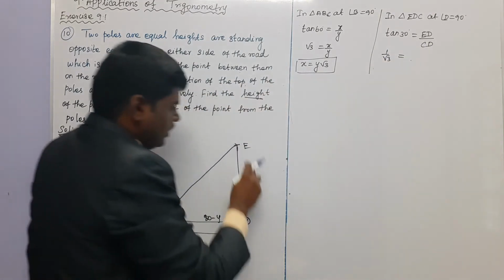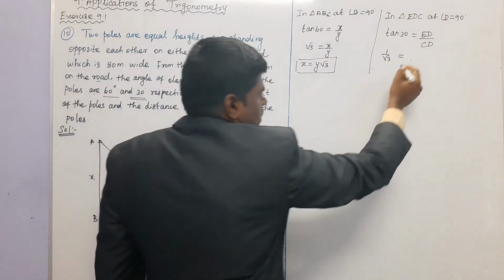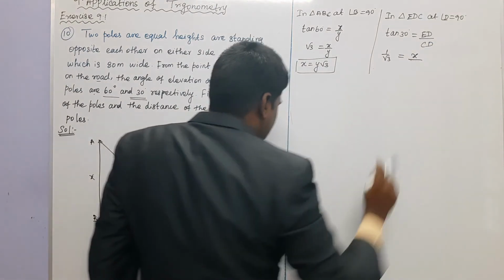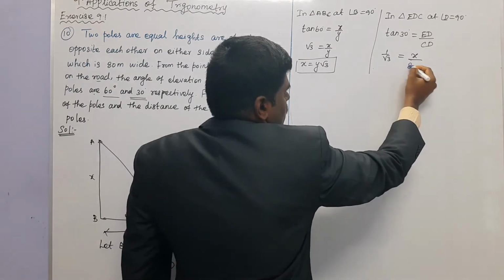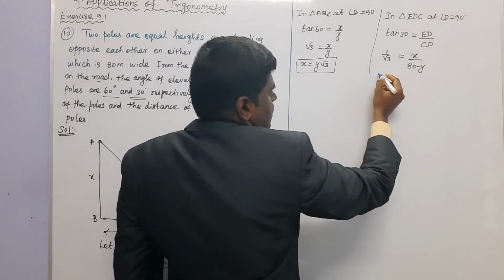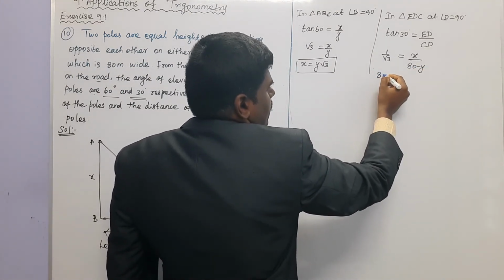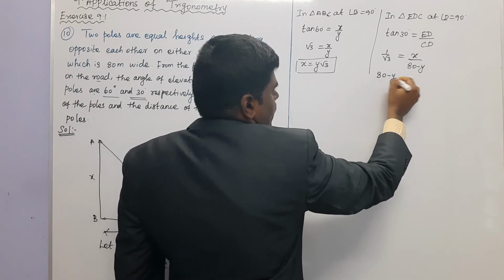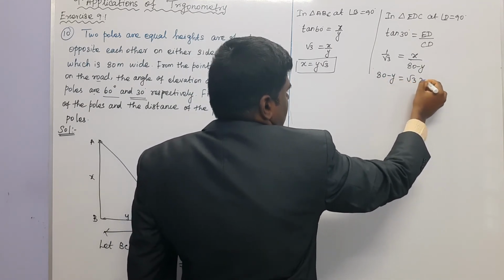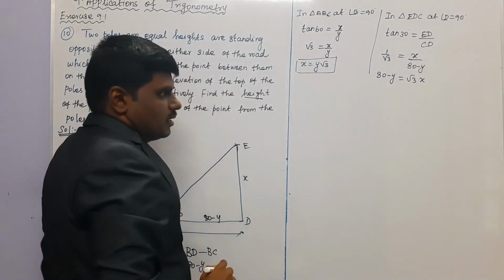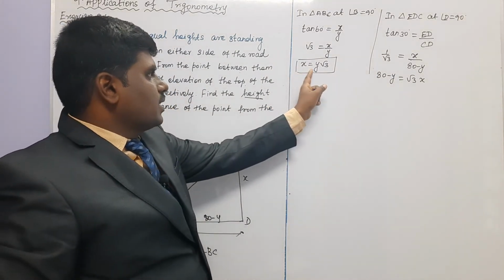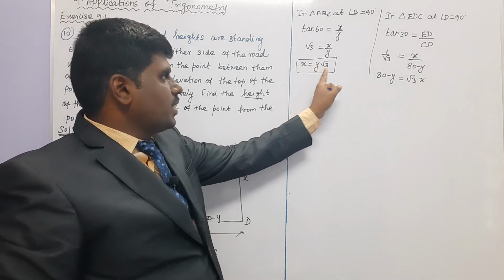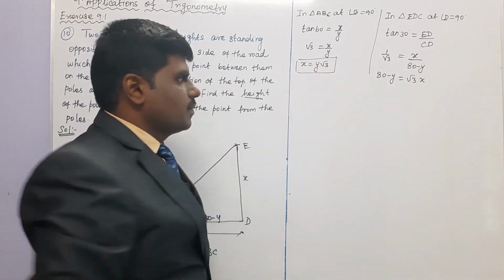What is the value of ED? ED is the same distance x, by CD. The value of CD is equal to 80 minus y. So 80 minus y, just cross multiply.